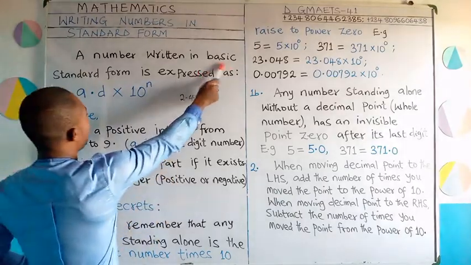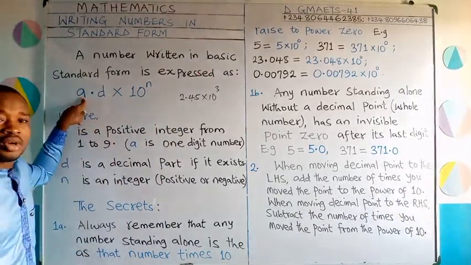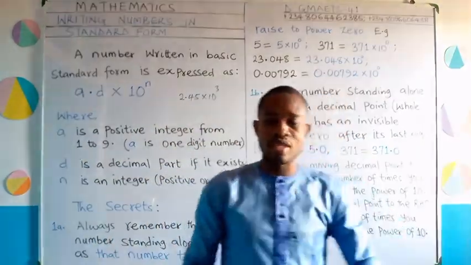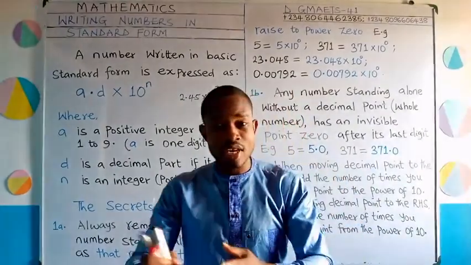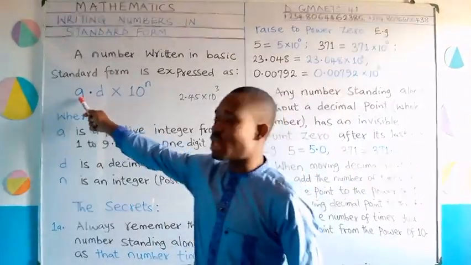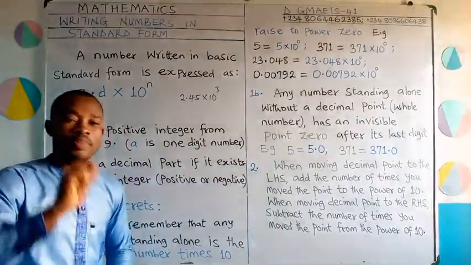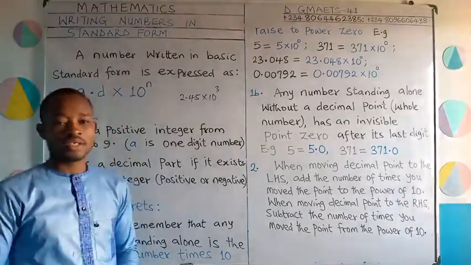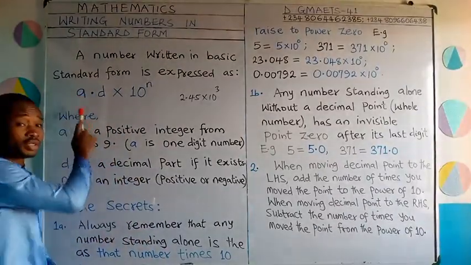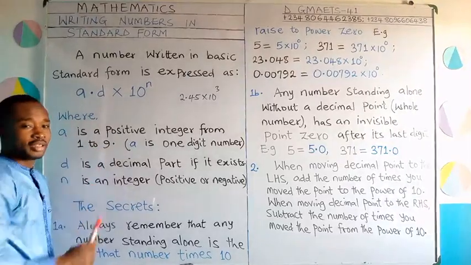I used the word basic standard form because it's important for us to know the values that this A can take. You see, you have A point D, which means that a number in standard form usually will have a whole number part, which is this A. Now, when it is in its basic standard form, this A must be a number from 1 to 9.